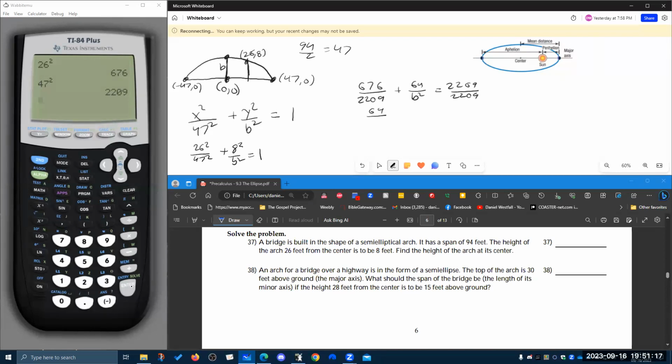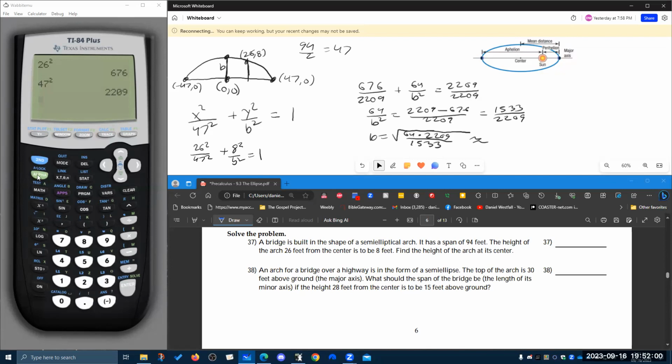So when I do the subtraction, I get 2209 minus 676 over 2209, which is 1533 over 2209. That means b is the square root of 64 times 2209 over 1533.